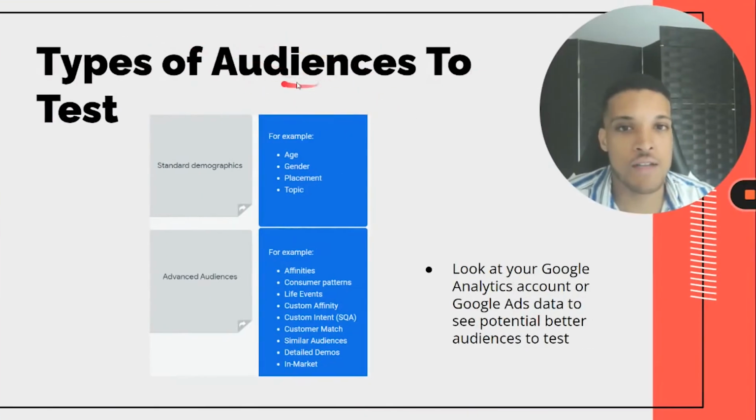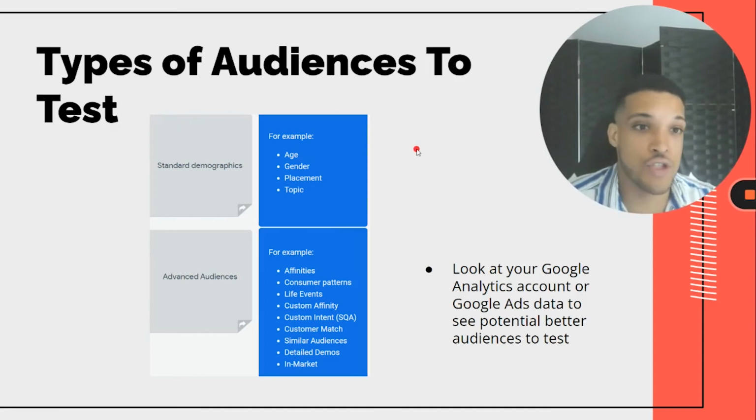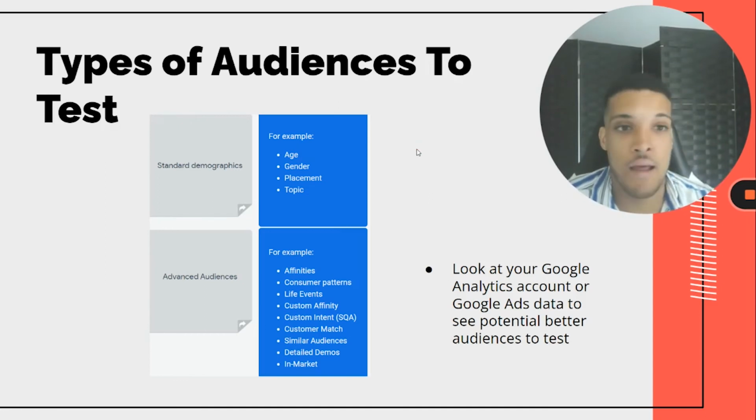And now into audiences you can experiment. You can do general age, gender, placement, or topic as standard demographics. When doing an experiment, you don't have to change the creative; you can just target somebody else and see if they like a certain creative better, and then optimize based off of that.